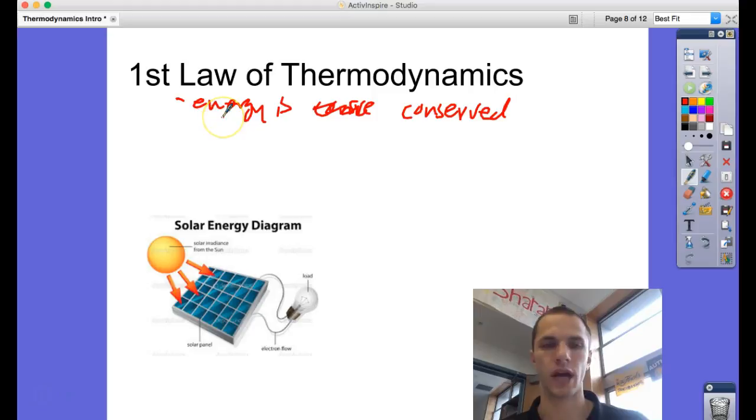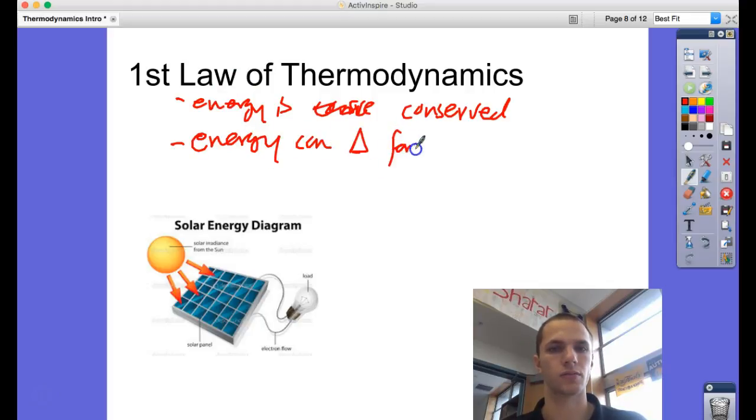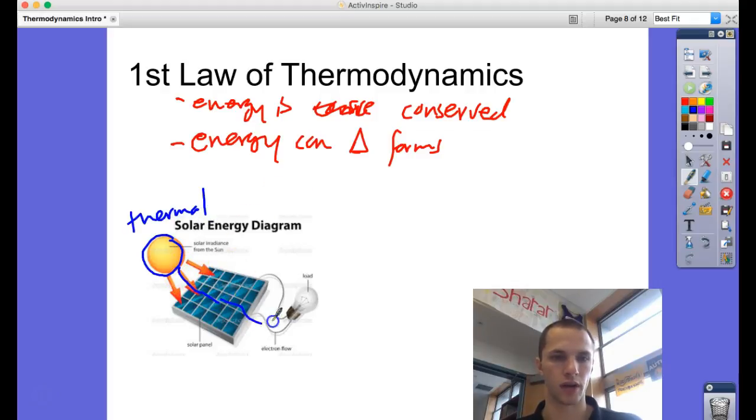So in any chemical reaction, in any process, anything in the universe, energy is always conserved, even though energy can change forms. So for example, a solar panel, we take energy from the sun, thermal energy, and we convert that with a solar panel into electrical energy.